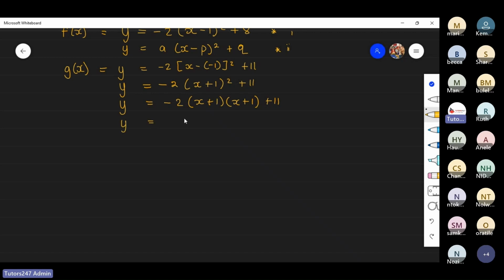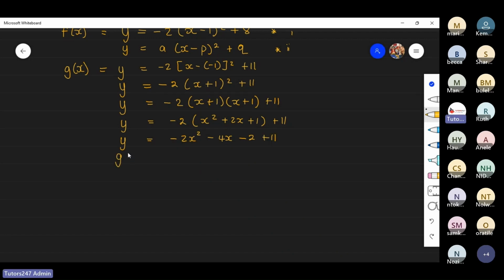So if we multiply the brackets, that is then going to give us x squared plus 2x plus 1 and then plus 11 on the outside. If we multiply -2 inside, that is going to give us -2x squared minus 4x minus 2 plus 11.